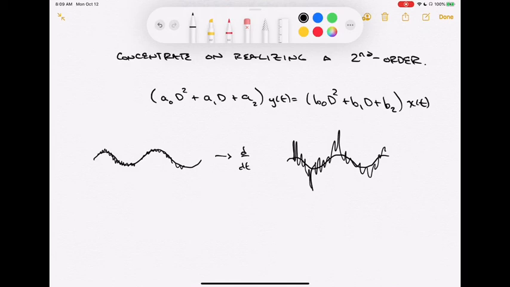So while we oftentimes represent systems using a differential form, that differential form is probably not the way we want to realize them, because derivatives tend to amplify noise in the presence of that non-ideal condition of having noise on our signal paths. So instead, we would prefer to have an integral form.